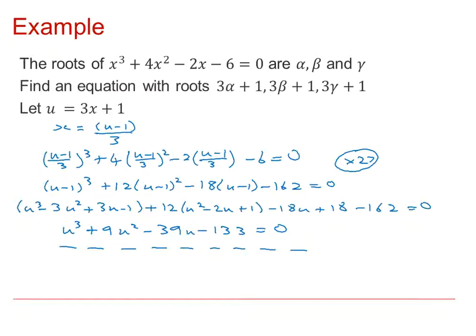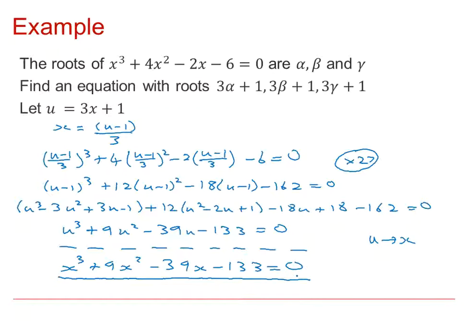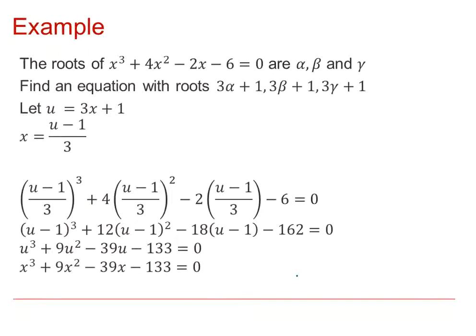But we often just replace the variable u at the end with the variable x. So it becomes the more familiar x cubed plus 9x squared minus 39x minus 133 equals 0. That's the more familiar solution, as we can see there.